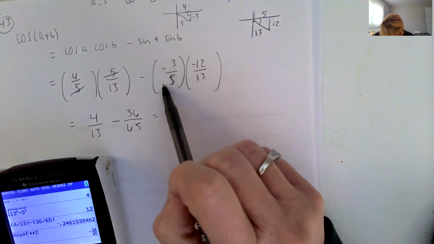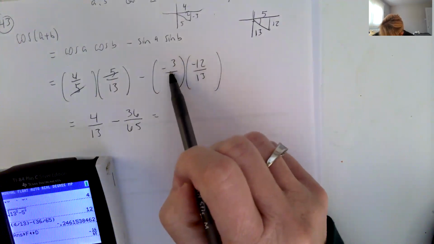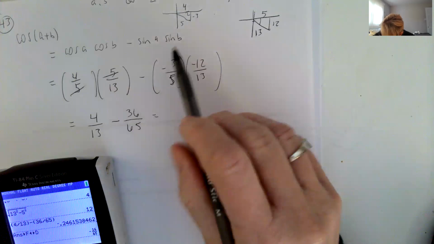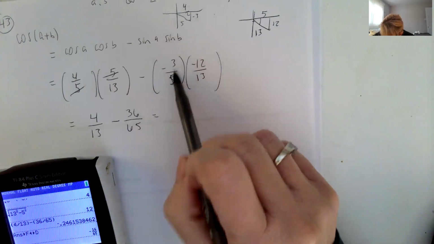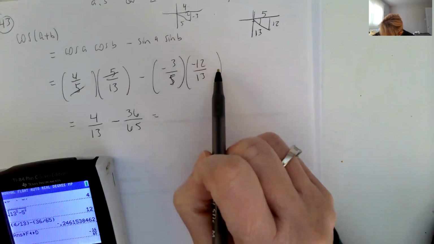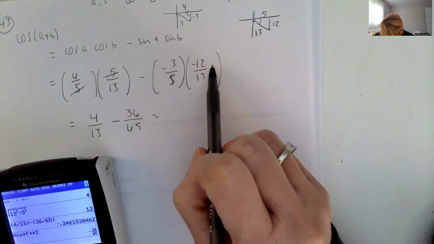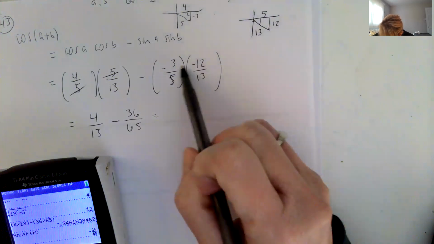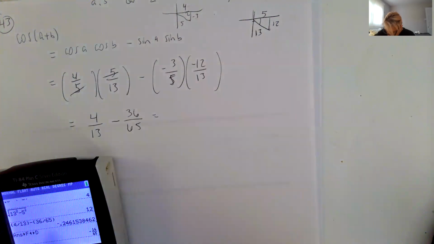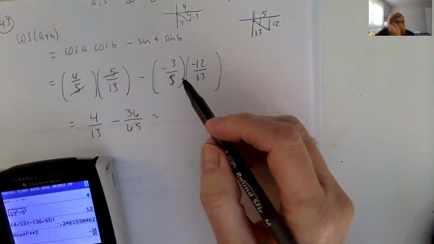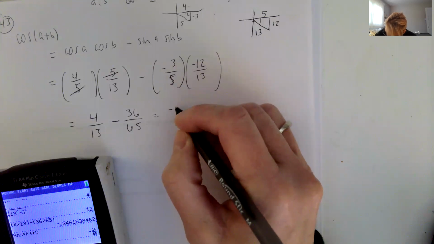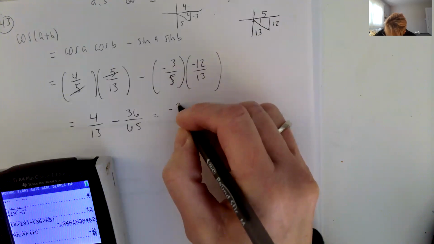And then the sine of A is 3 over 5, and the sine of B, yep, 12 over 13. That would be negative 32.